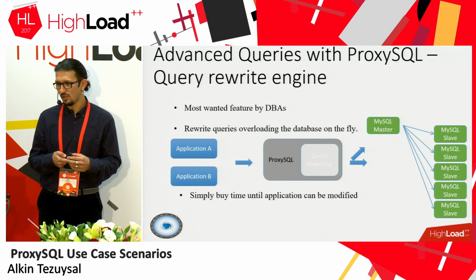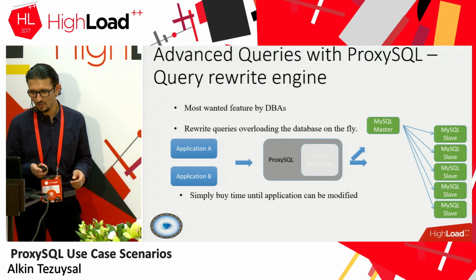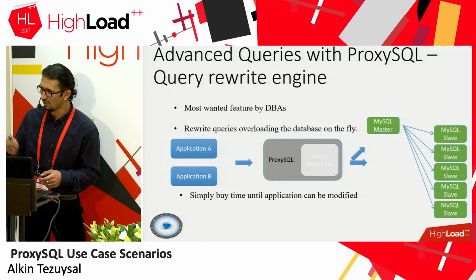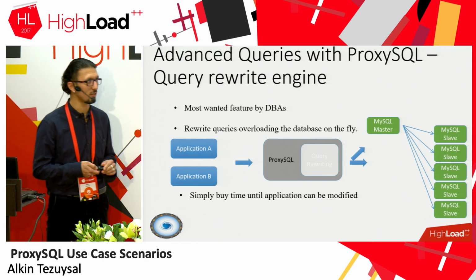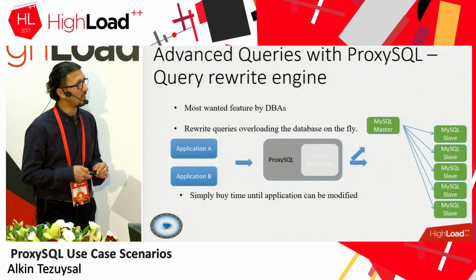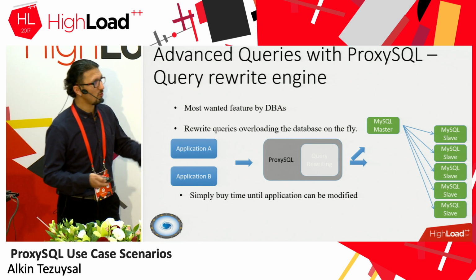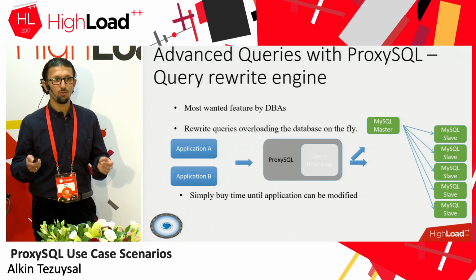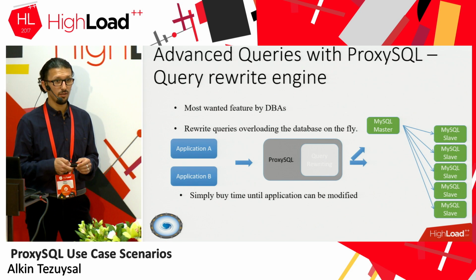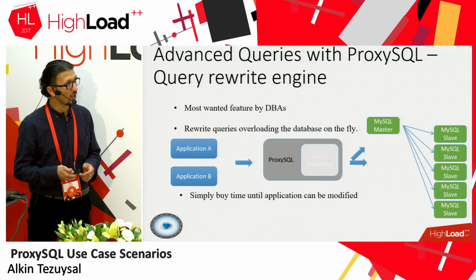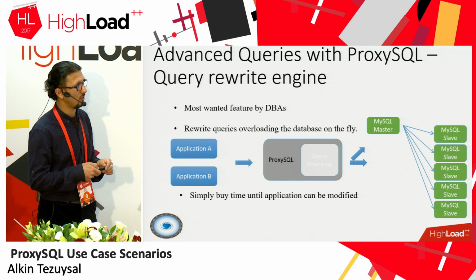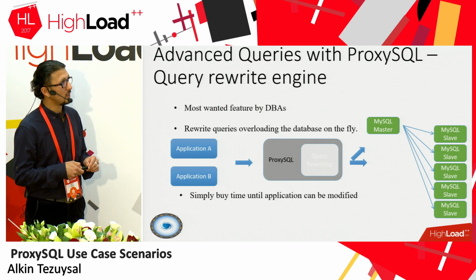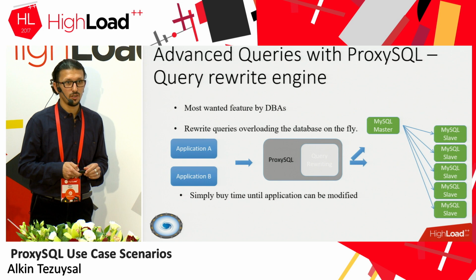Query rewrite engine. This is an interesting feature that Rene and I spoke about, and he always wanted to make changes because he wants to fix the problems. How do you rewrite a bad query? The query chooses a wrong plan, there's no index, it's not optimized or tuned, and the application is not going to change.